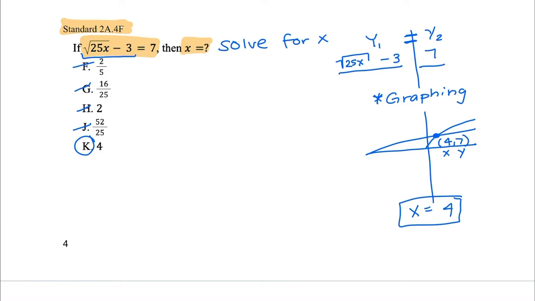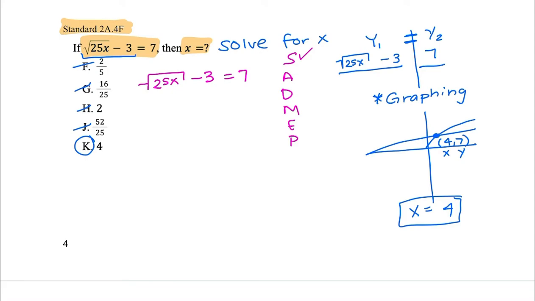If you want to do this mathematically, you can go ahead and get your equation, square root of 25x minus 3 equals 7. And if you want to solve for x, you're going to use SADMAP. SADMAP is a reverse order of operations that helps you solve for the value of x. So I start off with the S, and I ask myself, do I see subtraction in the equation?